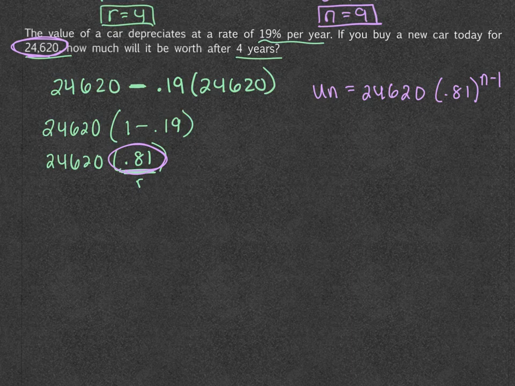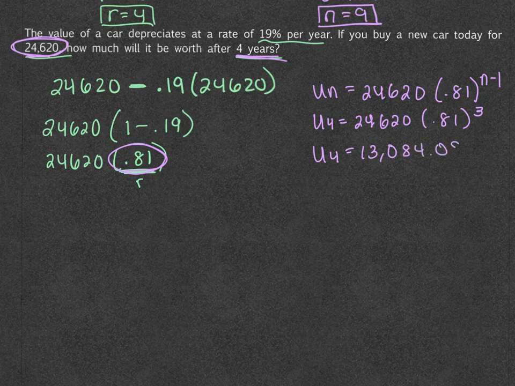And with my equation, I can go ahead and solve what it will be worth after 4 years by plugging in 4. So I've got u sub 4 equals 24,620 times 0.81 to the 4 minus 1, which is to the third, and then I'm just plugging this into my calculator.